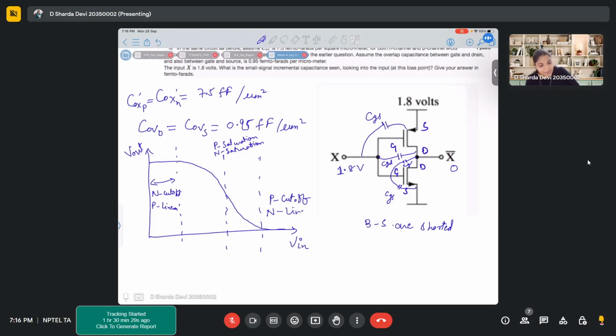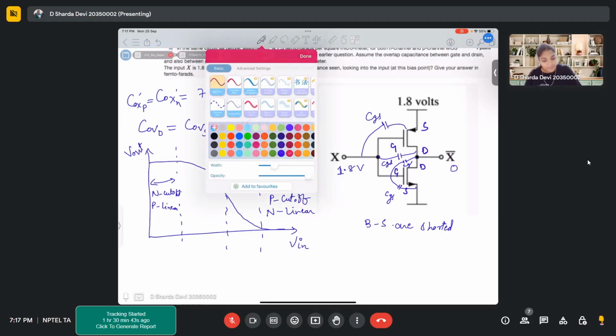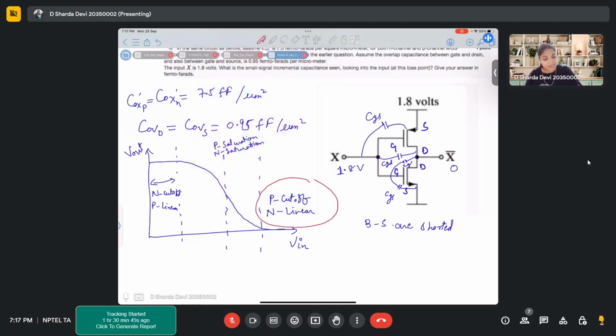So in this particular region, where your input is at VDD, your PMOS is cut off and your NMOS is in linear region. And that is the region that we are considering right now. We are saying our input is 1.8 volts. So your PMOS is in cutoff and your NMOS is in linear region.